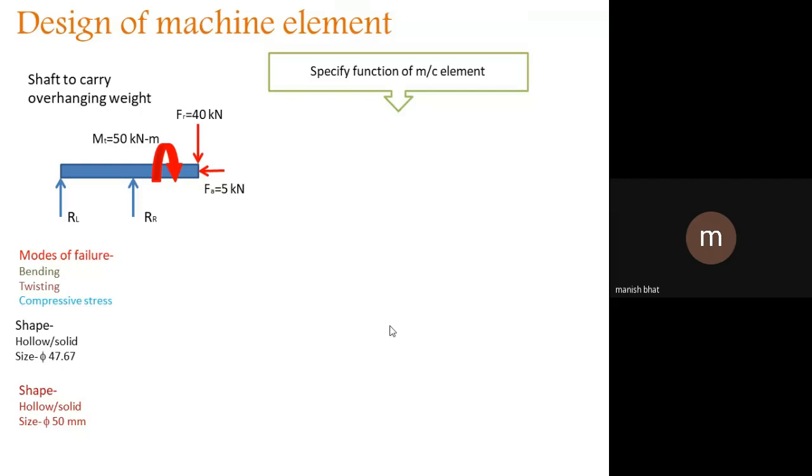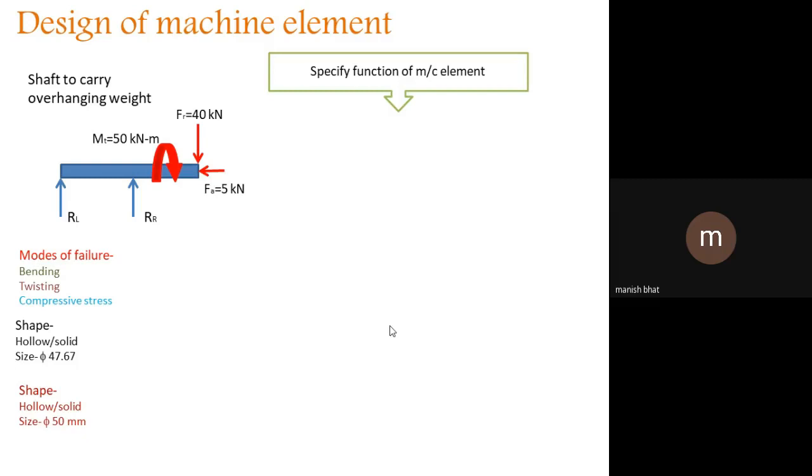In the diagram shown on the left, I have shown a shaft. Are you understanding? A very descriptive figure is shown over here. In strength of materials, you have learned that some beam is there. So here I have shown some beam.